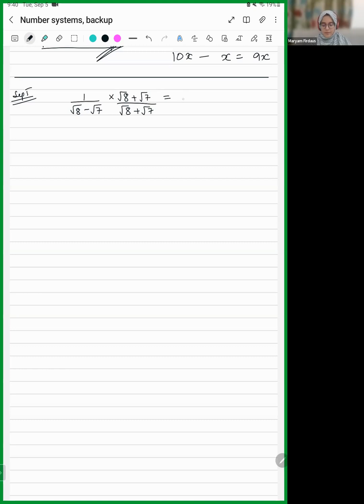Munir, what will be in the numerator? Okay, Preshita, you can type it in the chat box. Munir, what will be in the numerator? One minute, ma'am.